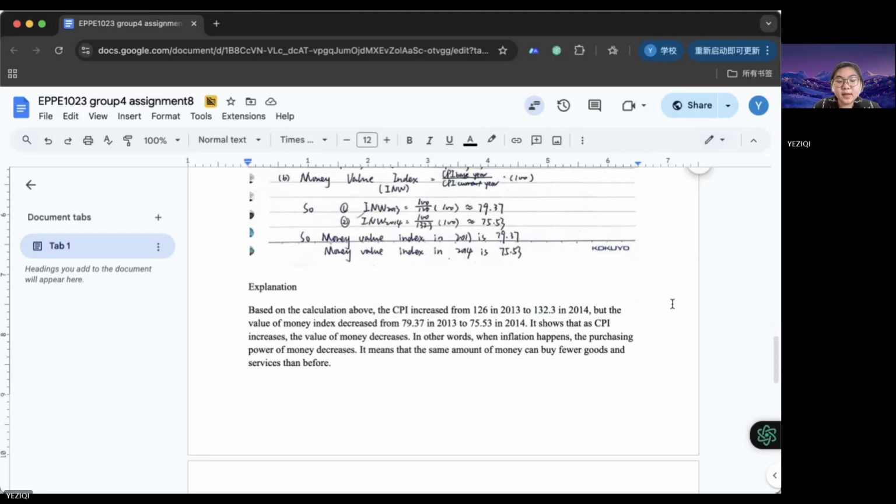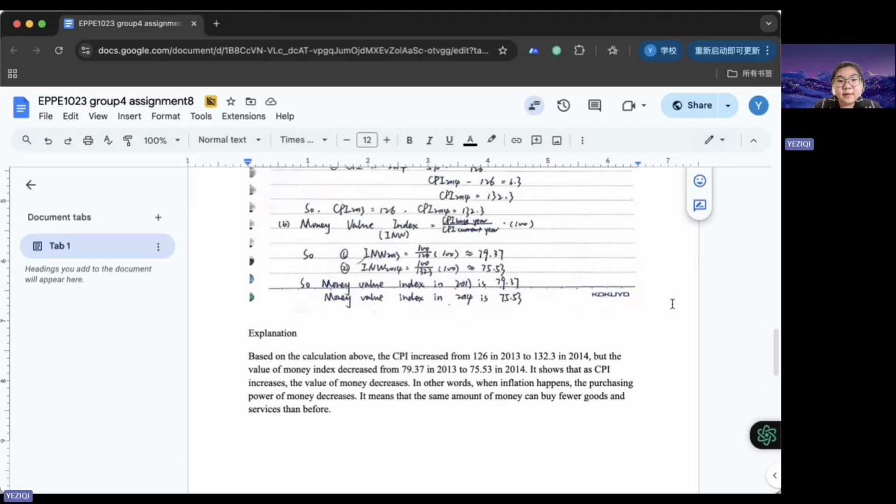Based on the calculation above, the CPI increased from 126 in 2013 to 132.3 in 2014. But the value of money index decreased from 79.37 in 2013 to 75.53 in 2014.